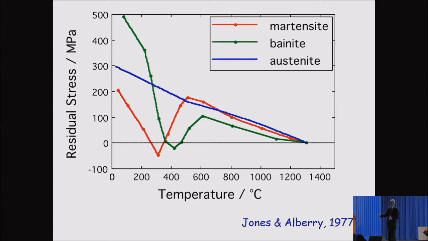Because the transformation has happened at a lower temperature and gets exhausted at a lower temperature, you don't build up contraction strains after the transformation is finished. So the aim is to get the minimum here, this point, such that we end up with zero thermal contraction strain at room temperature. This is the basic hypothesis which came about in the 1970s.